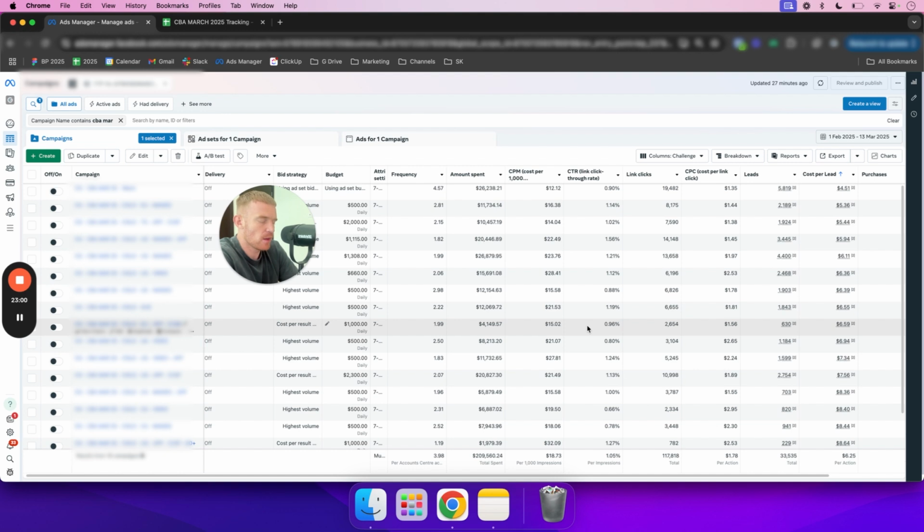And one way we probably should have done that, and this is something lots of people can do, is that you all have one main avatar for your business, but there are lots of different types of people within that avatar. And I felt like our ads were speaking to the more general one.